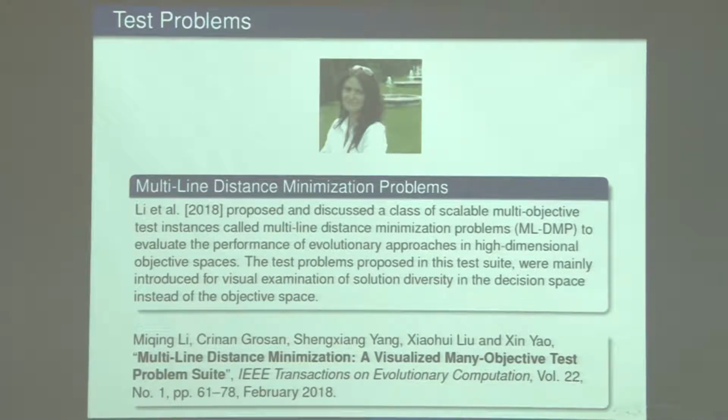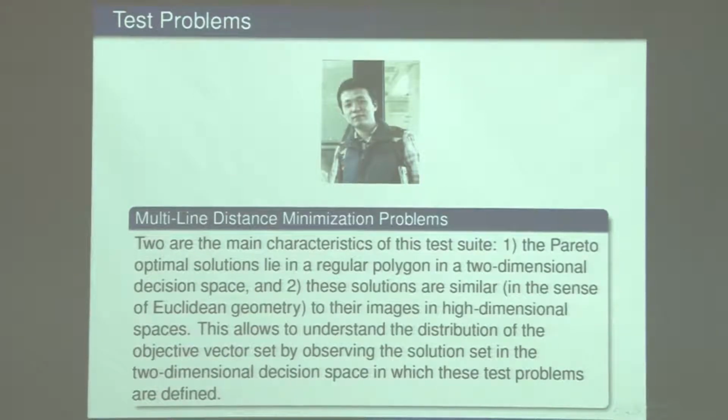She is from Romania. So this test suite has 2 main characteristics. First, the Pareto optimal solutions lie in a regular polygon in a 2-dimensional decision space. And second, these solutions are similar in the sense of Euclidean geometry to their images in high-dimensional space.